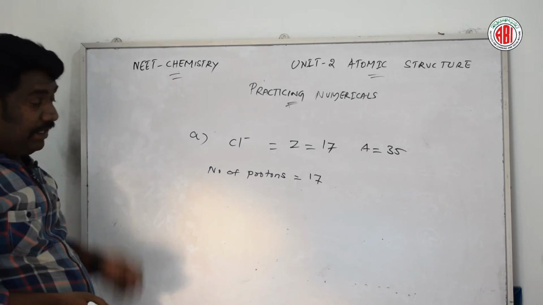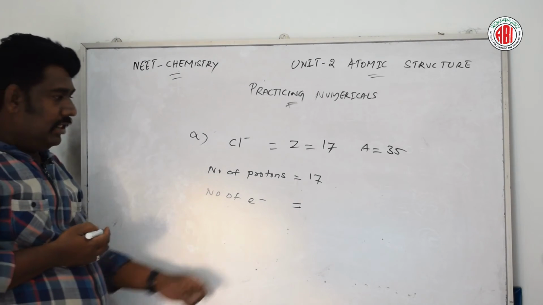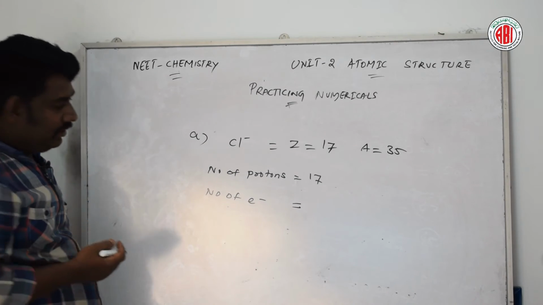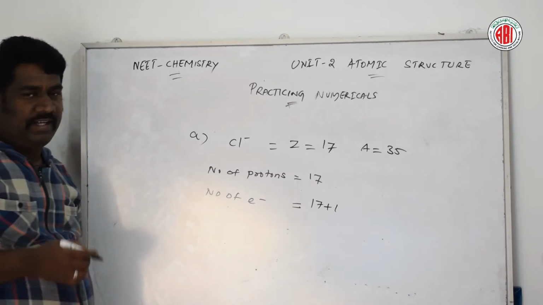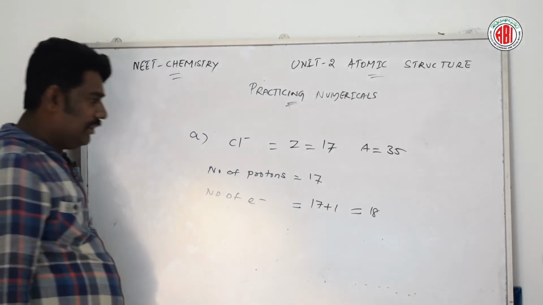Let us find the number of electrons, which depends on the negative charge. The negative charge means gaining an electron, so that is 17 plus 1, 18 electrons.